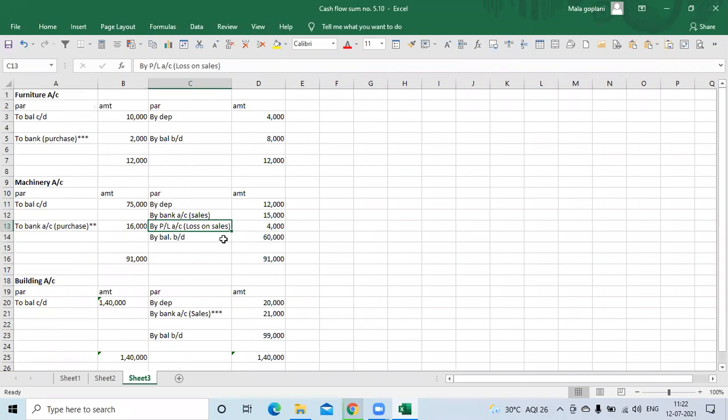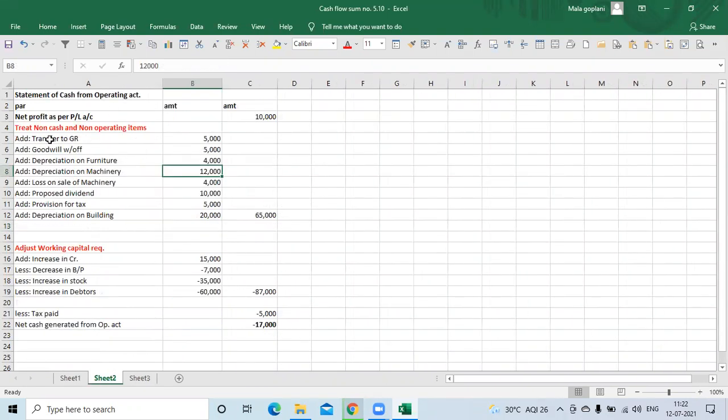Non-operating expense. So if it is an expense, what will we do? Add. Very good. Go to the next page, operating activity. Right there, add loss on sale of machinery, just as you see on the screen. It is 4,000, already there in the ledger account. Next.